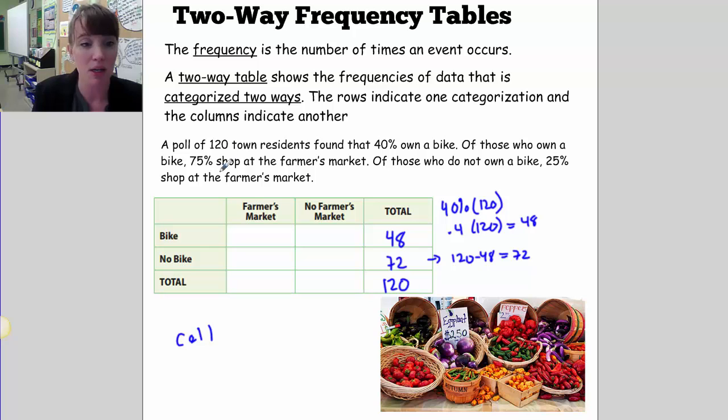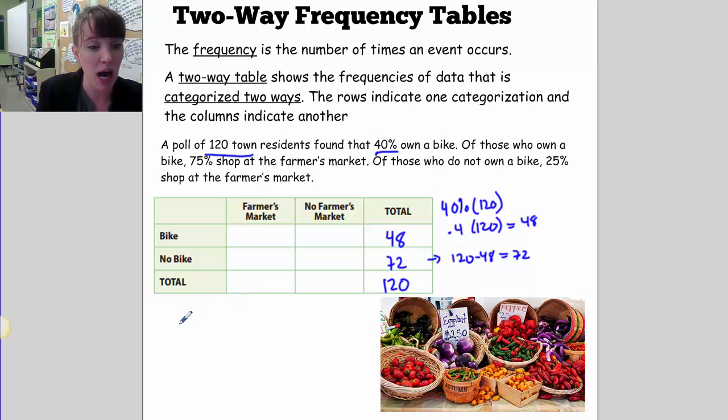All right. Okay, so let me see if I can fill in any more here. Of those who own a bicycle, so out of the people who own a bike, 75% of them shop at the farmer's market. Notice that before they said that 40% of the 120 own a bicycle. But here they're saying out of people who own a bike, which is only 48 people, 75% of those people shop at the farmer's market.